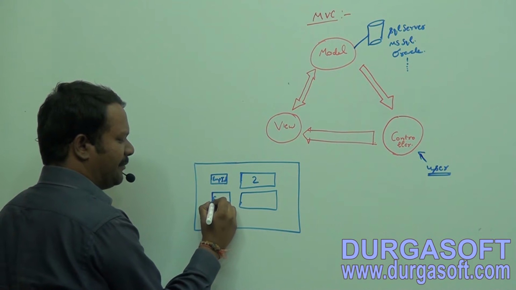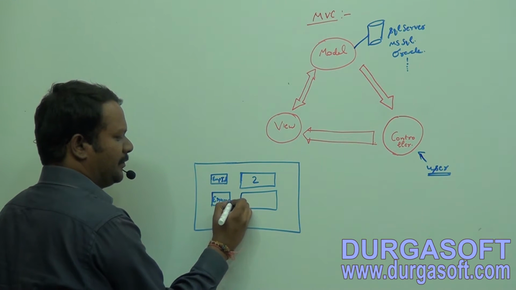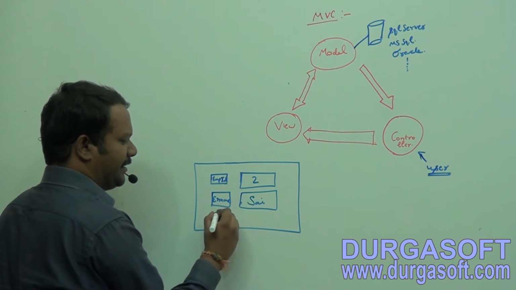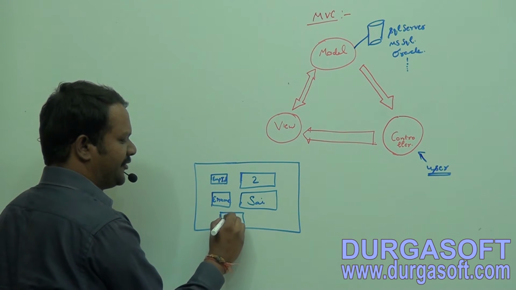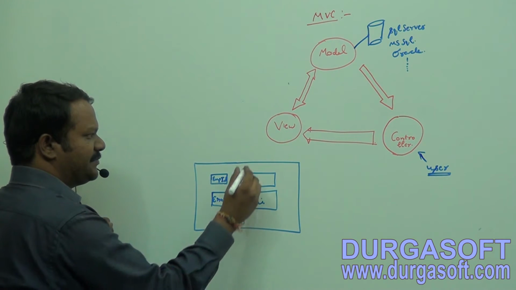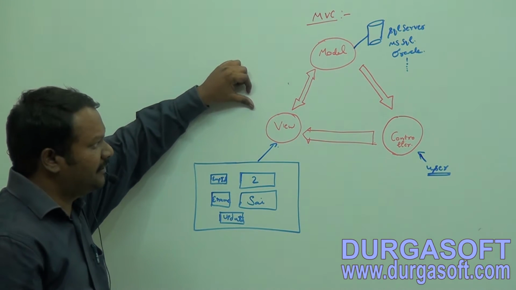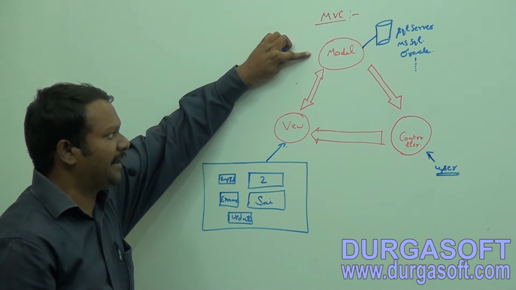This is the employee name, ename; if it was Karthik, you make it Sai and click on the update button. When you click on the update button, what happens? The data has to be stored in the model from the view. This data is generated from the view. So what does the view do? It takes the data back to the model.